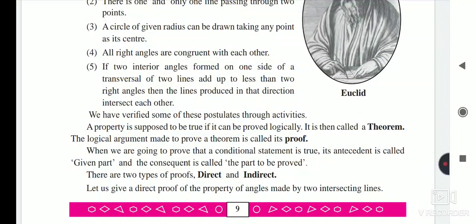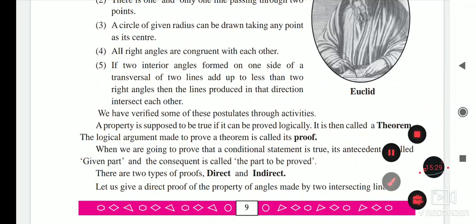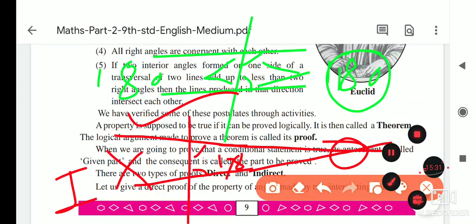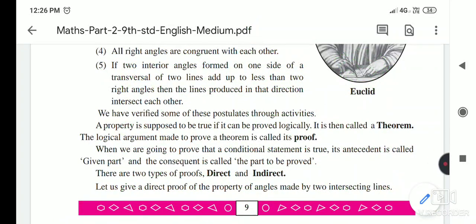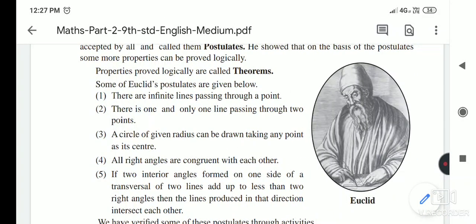Now we have verified some of these postulates through activities. From these activities we verified these postulates.